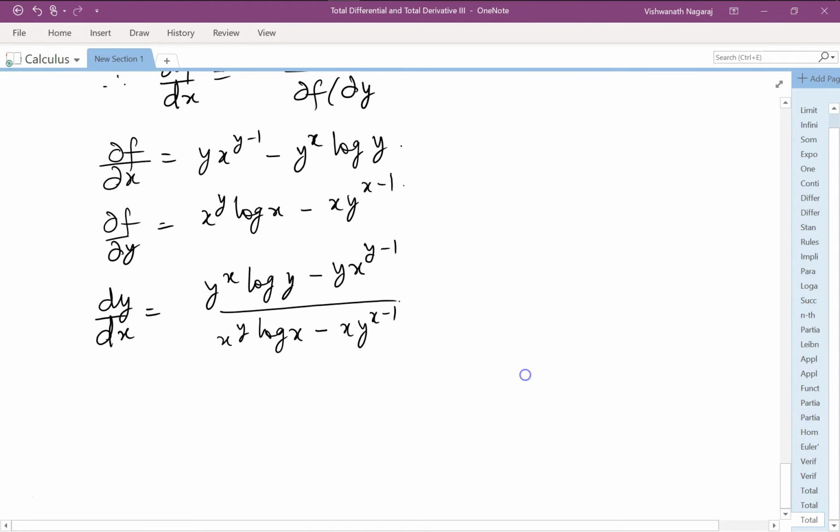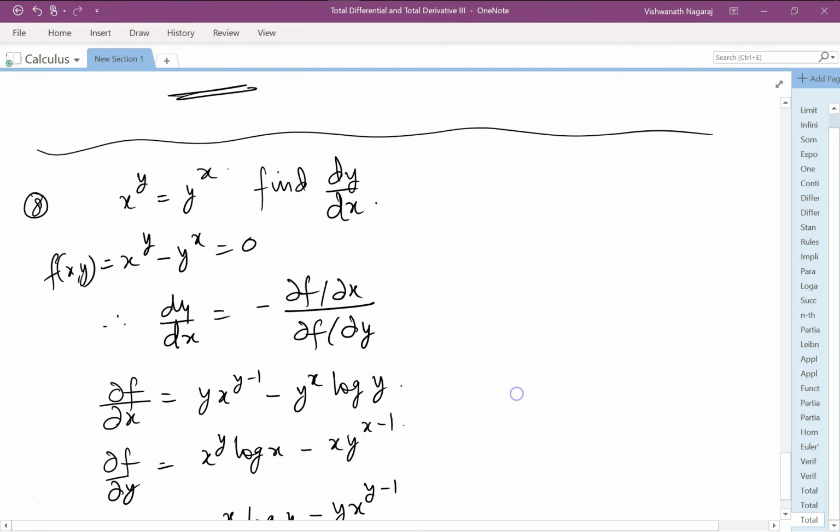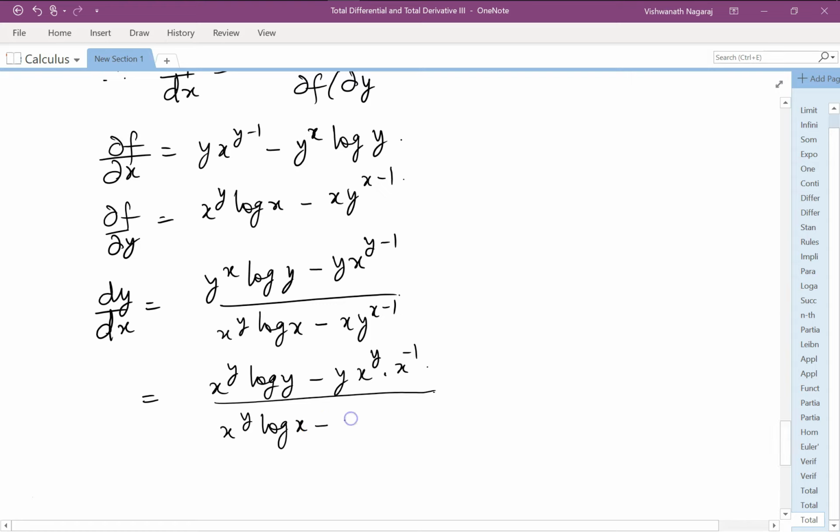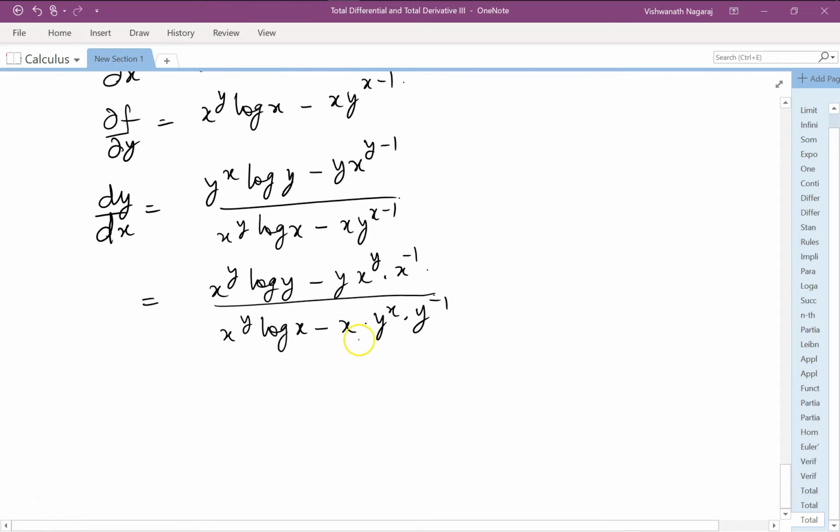Okay, now remember our function itself says x to the power of y is equal to y to the power of x. So let's make this as x^y log y minus y x^y times x^(-1), x^y log x minus x^y times y^(-1). Now y^x we can make it as x^y.